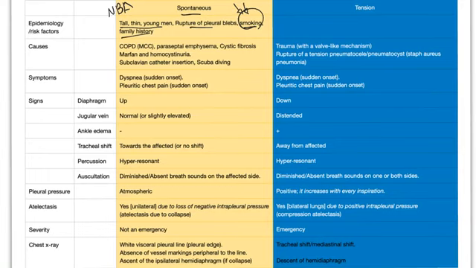Okay, let's talk about causes. Causes of spontaneous pneumothorax include COPD, and by far this is the most common cause, paraseptal emphysema, cystic fibrosis, Marfan syndrome, because Marfan patients are very tall, and homocystinuria. Both Marfan syndrome and homocystinuria will have lens dislocation in the eye. In Marfan syndrome, look at the F. The lens dislocation is upwards and outwards.